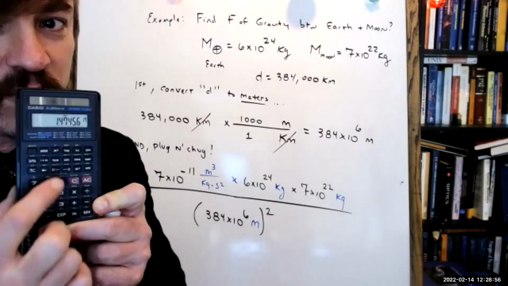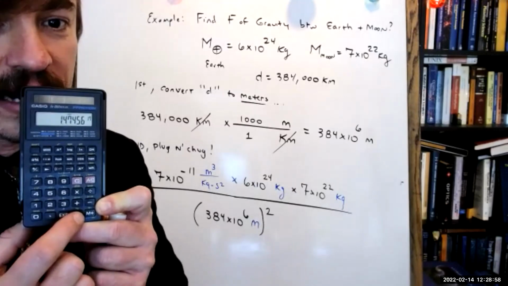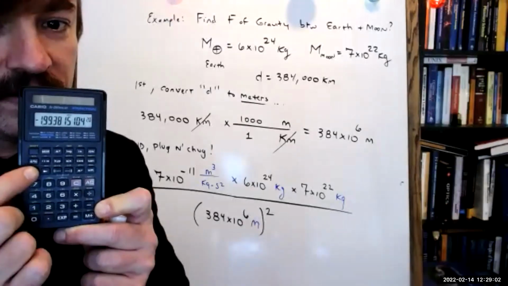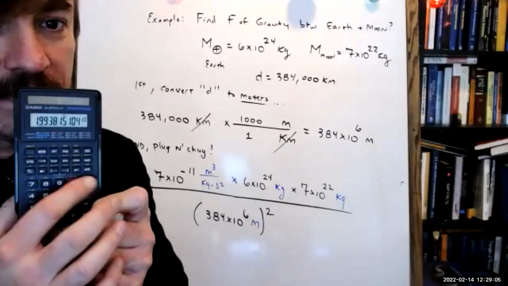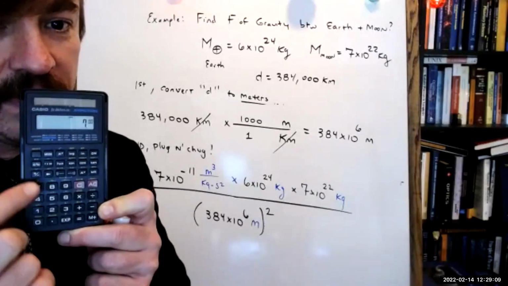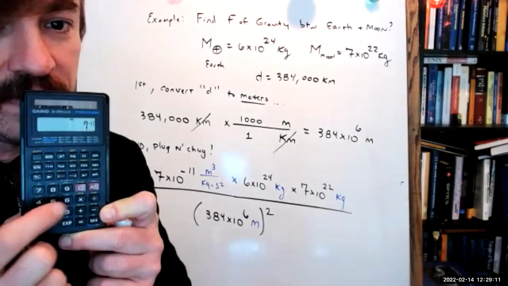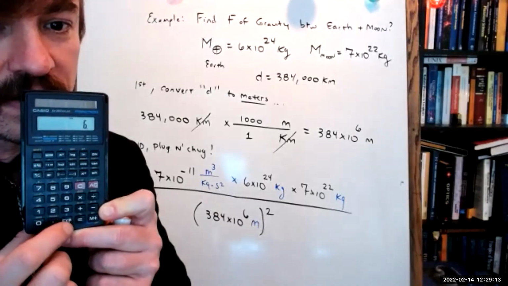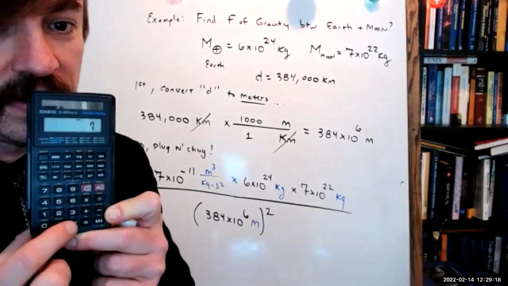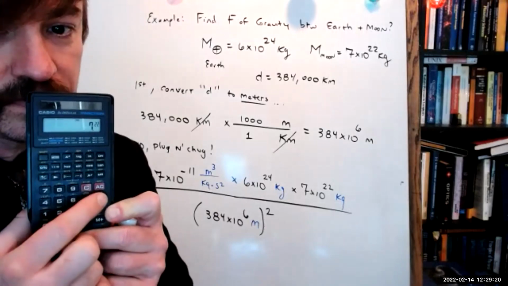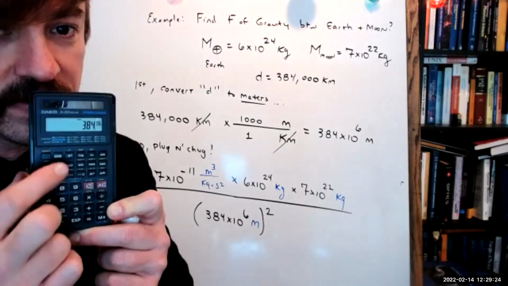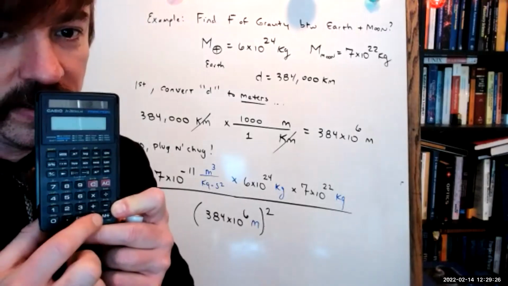That squares it. And then I finish the job by hitting equals. I don't know why there's a negative sign there. I screwed something up, but that's the right number. Let me try that again. 7 exp negative 11 times 6 exp 24 times 7 exp 22 divided by 384 exp 6 squared equals.